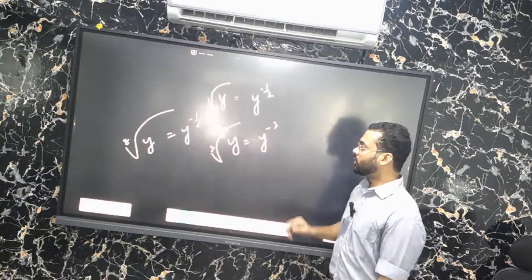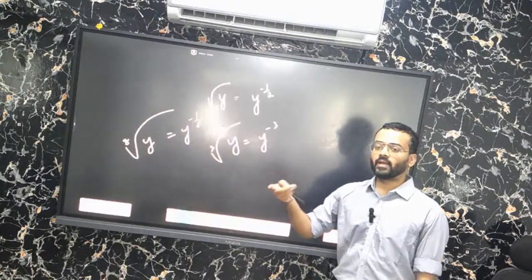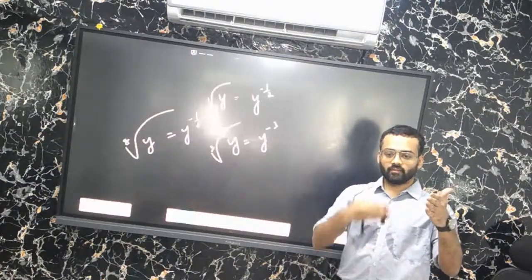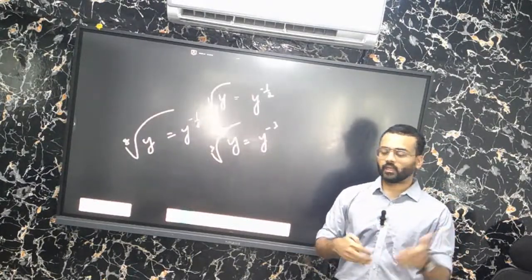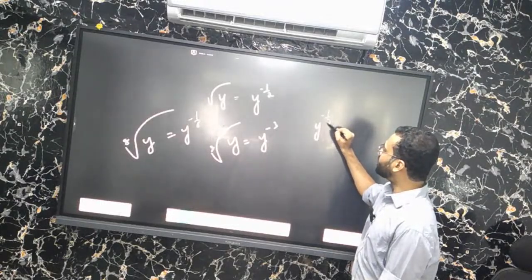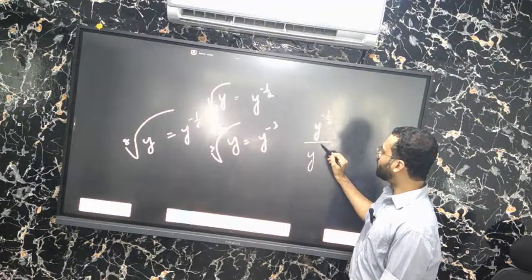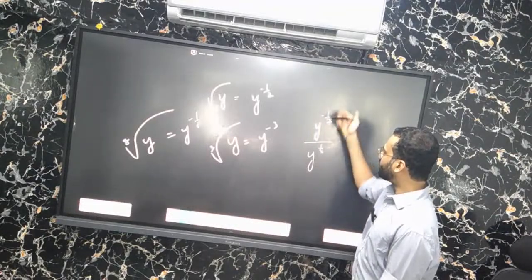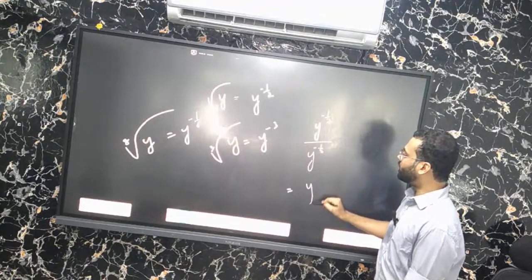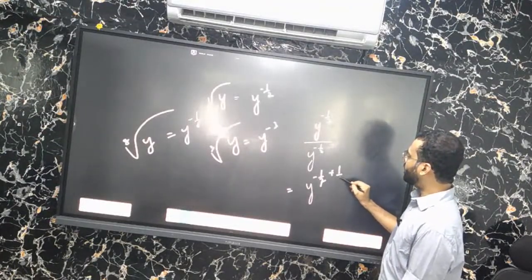So what is the seventh root of y divided by the eighth root of y? Seventh root of y will become y power minus 1 by 7, divided by y to the power of minus 1 by 8. This will equal y to the power of minus 1 by 7 plus 1 by 8.